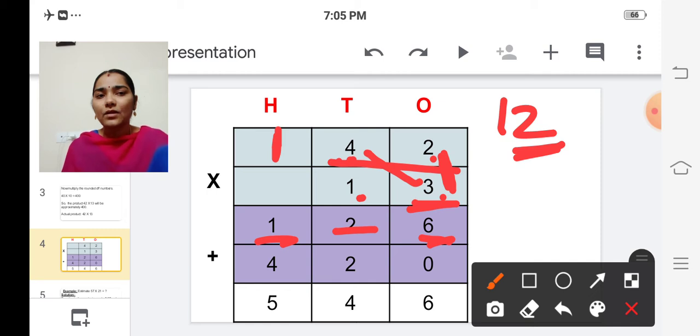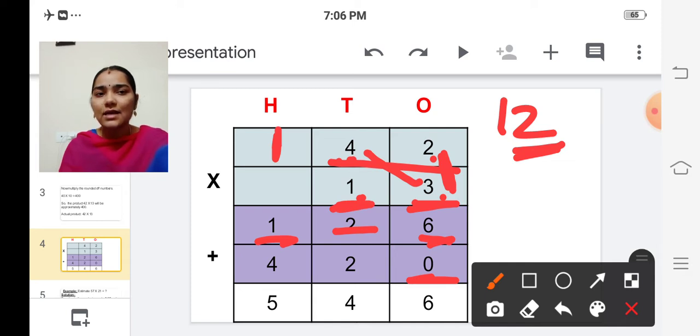And then in the next step, we are going to multiply by the tens digit of the multiplier. So first we have to write 0 in the ones place, because we are multiplying by the tens digit of the multiplier, isn't it?